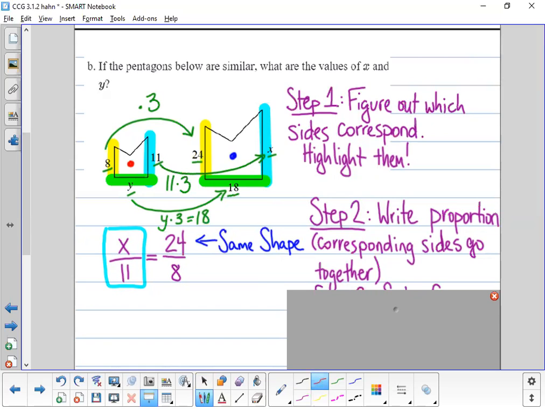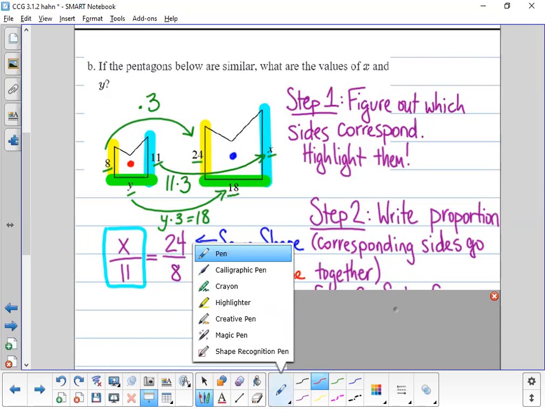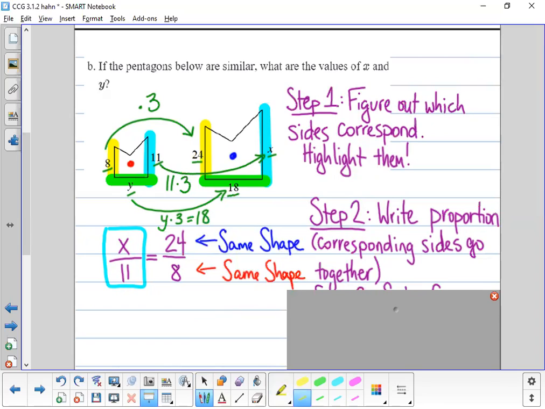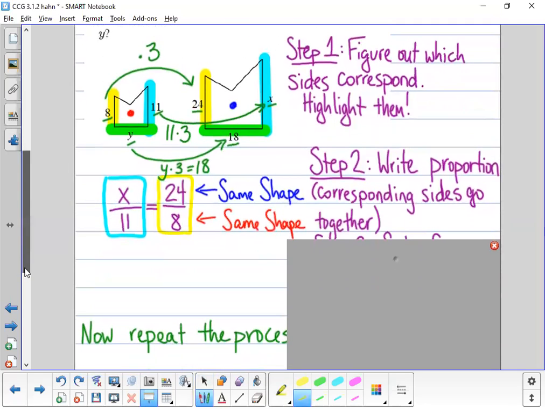So that also comes from the same shape. And you can see here that my 24 and 8, those were from what I highlighted in yellow. So you put your corresponding sides together in a fraction equal to another pair of corresponding sides in a fraction. And you want to make sure that you're choosing a pair of sides that has 2 numbers rather than a second variable, because you won't be able to solve that.